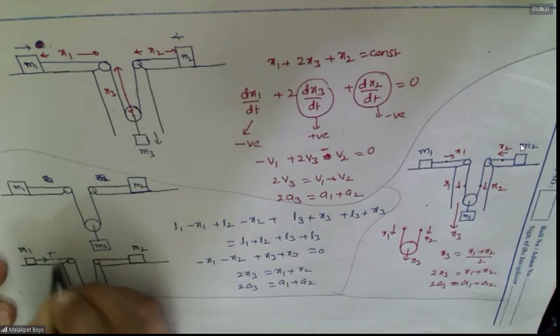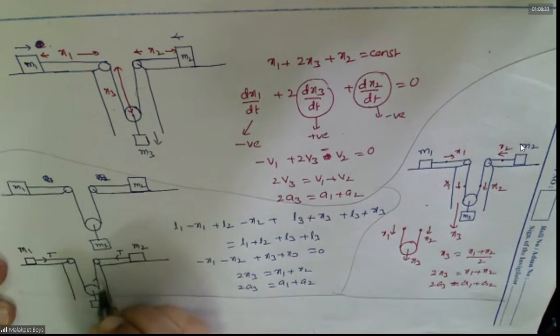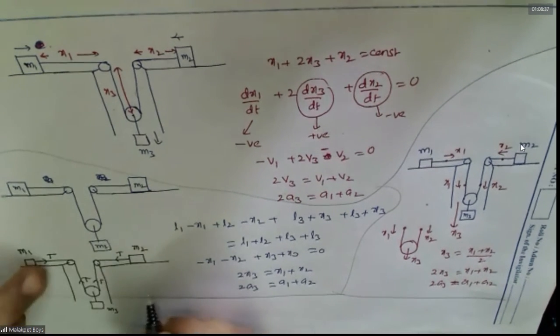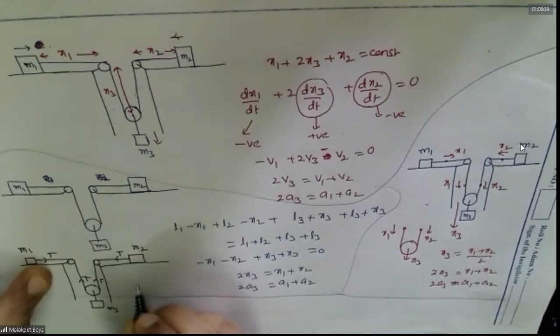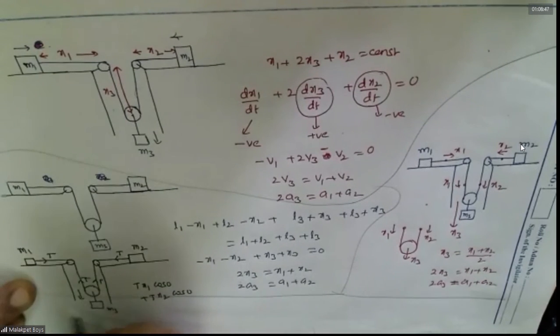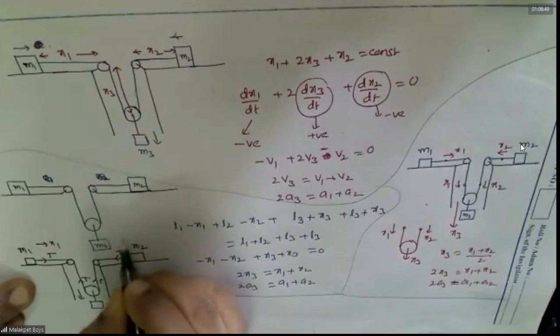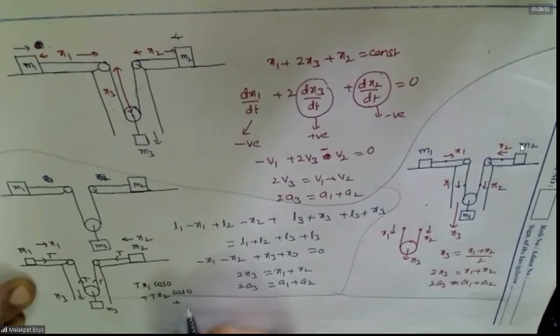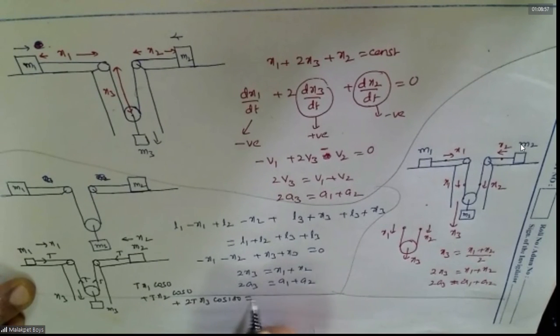Tension. This is tension, same string, same string, same string. Do you agree with this? Now for the same string, T x1 cos 0, T x2 cos 0. This is coming down now. This is x1, x2, x3, plus 2T x3 cos 180.